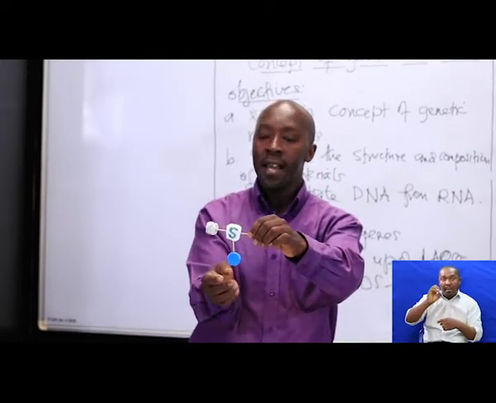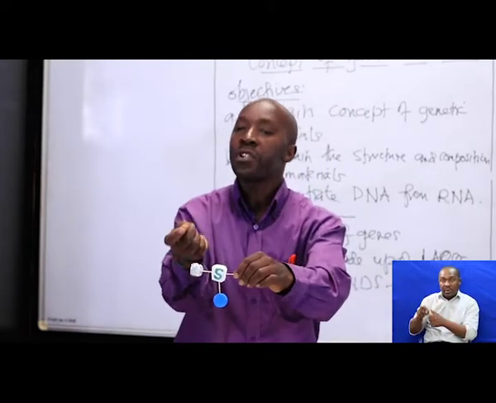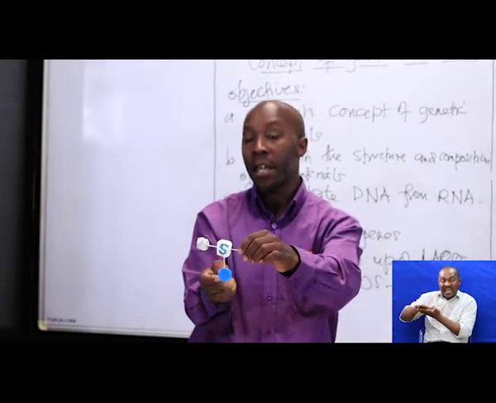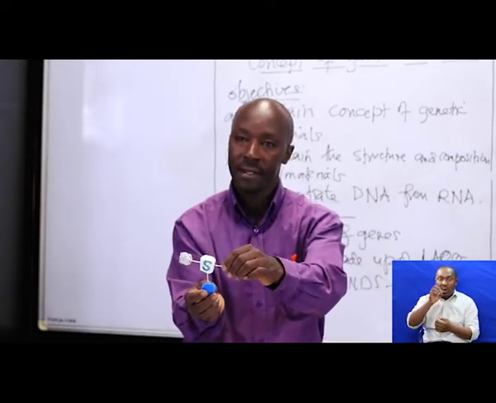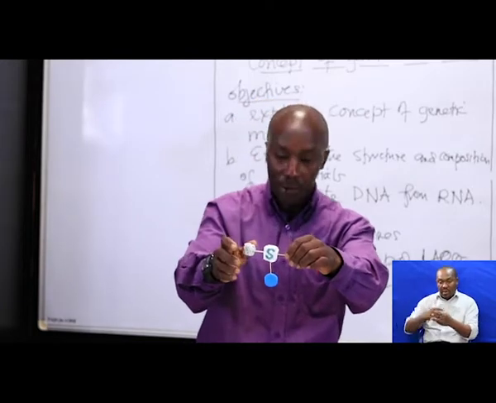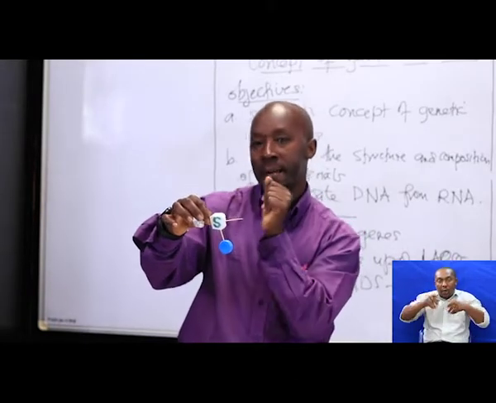But here it represents the nitrogen base, or another word we can say, organic base. So together, these three things are the smaller building block that I told you about earlier.